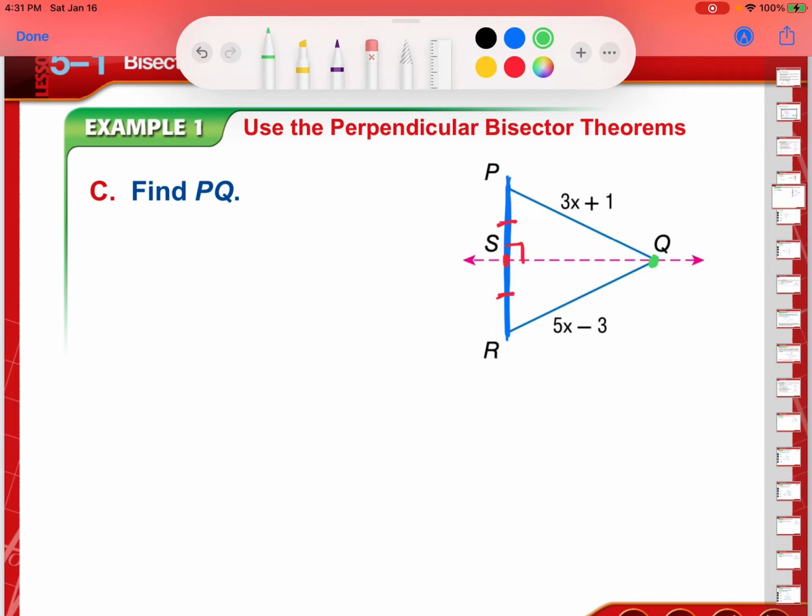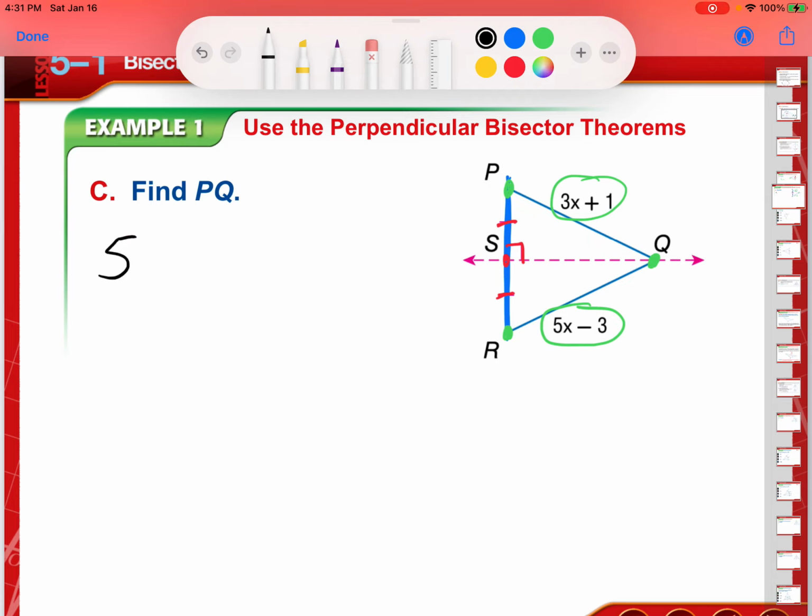And since it's a perpendicular bisector, we know that point Q, which lies on that perpendicular bisector, is the same distance from R as it is from P, which means 3x plus 1 is equal to 5x minus 3.